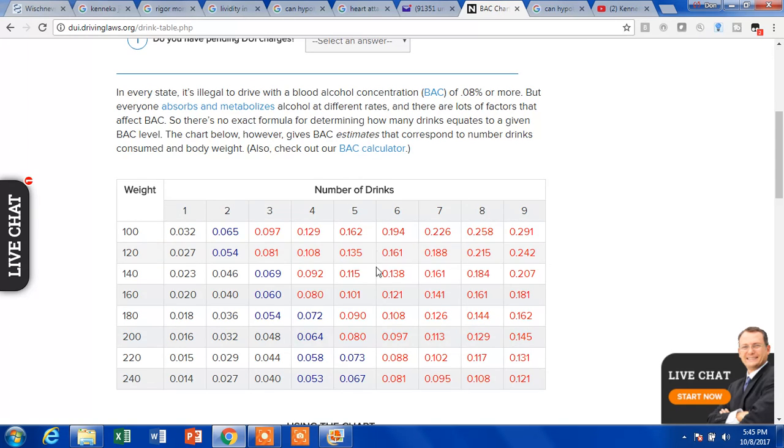But this is a lie. This girl had between 5 and 6 drinks to get her alcohol level up so high.